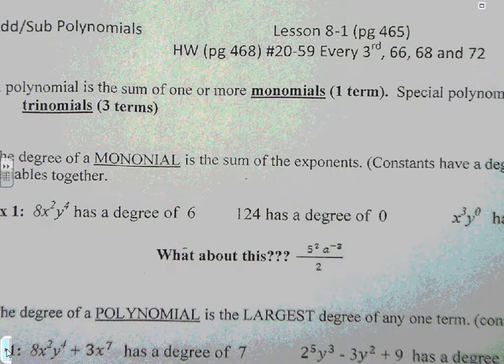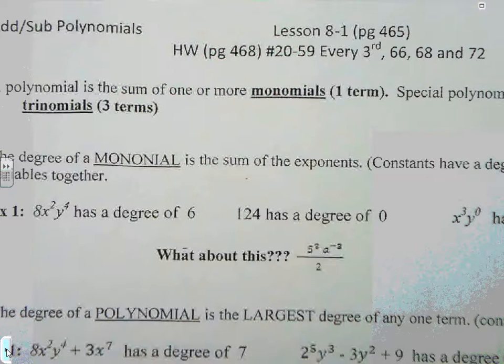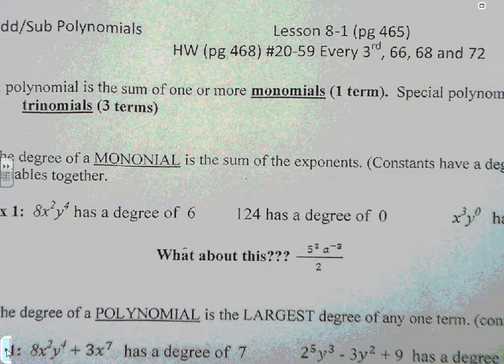Now, within this group of identifying the polynomials, they're going to ask for some specific details. One of those details is going to be the degree of the monomial, or the degree of the polynomial. So we're going to start with the monomial degree first. The degree of a monomial is you taking the exponents and just adding them together. That's it.